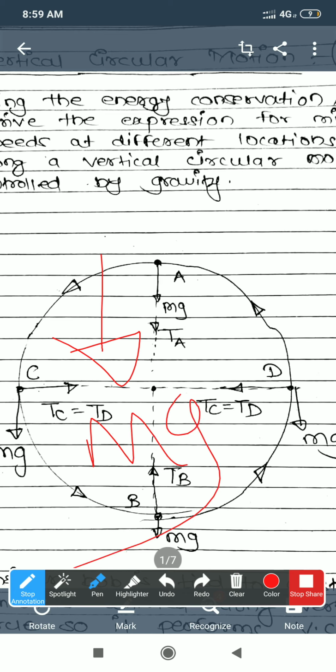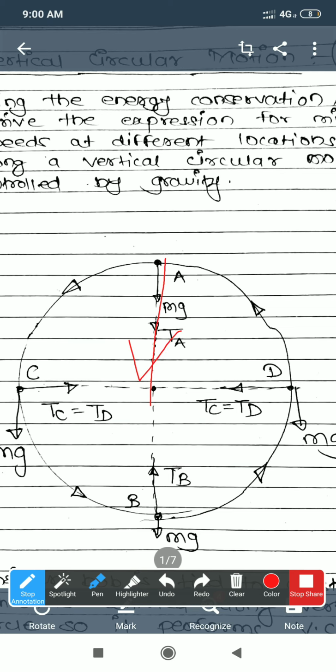The bucket is at A point, and this is your hand. Of course, there will be tension at your hand, but in which direction? The tension will always be in the inward direction, from A point to the center. We will call it TA, and mg is already there. So two forces are there, TA and mg.